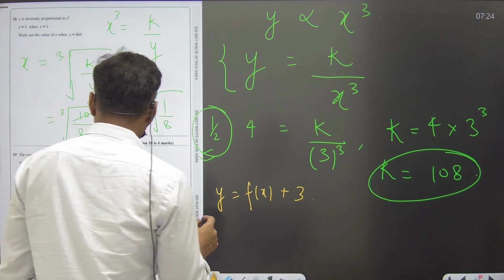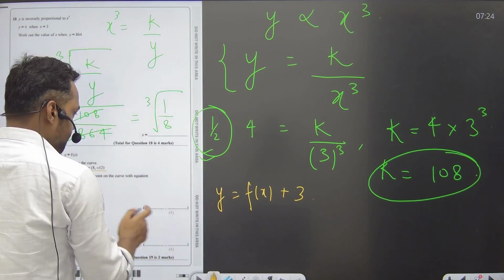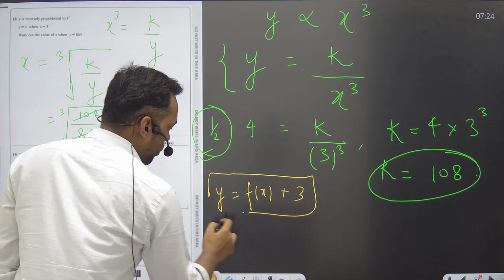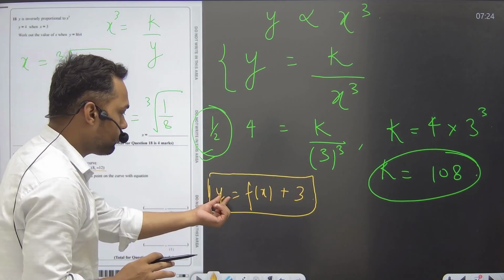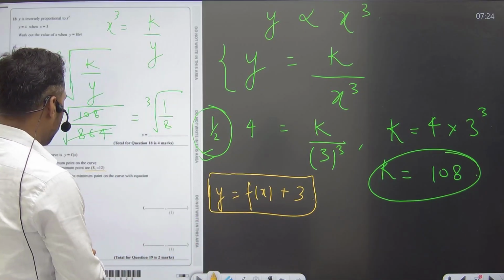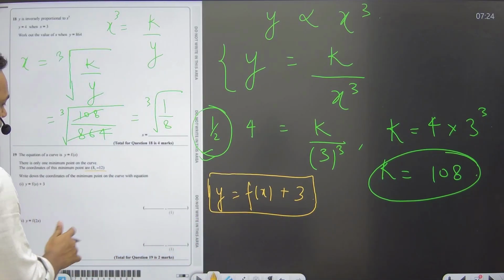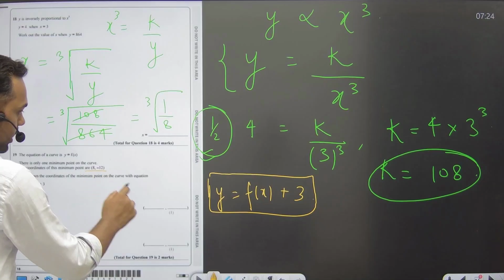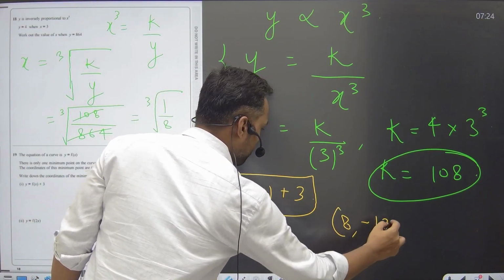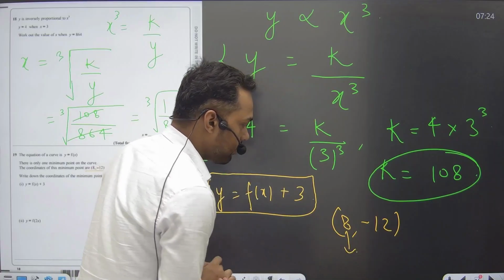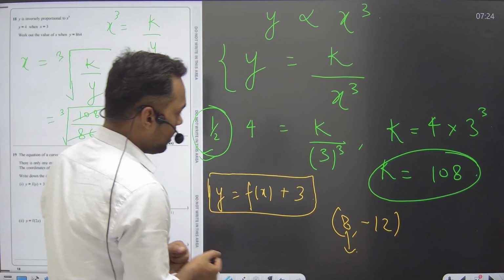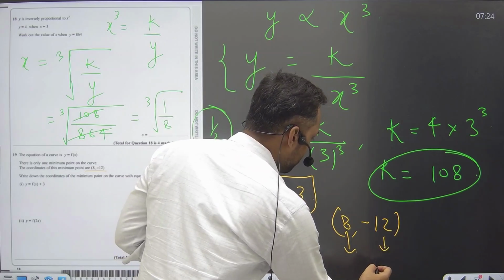Now here, in this case y equals to f(x) plus 3. In (8, -12), what is the x coordinate here? It is 8, and the y coordinate here is negative 12.